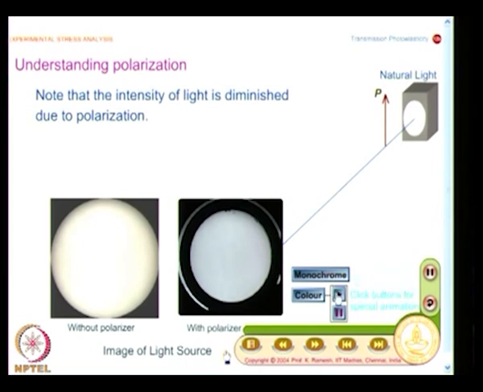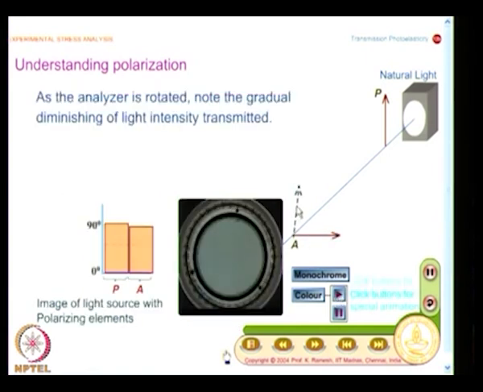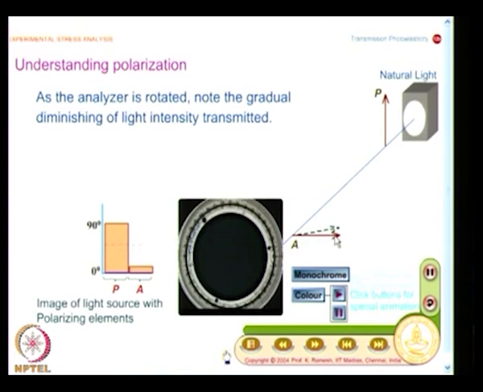And when I rotate this element, you find progressively the intensity diminishes, and when this axis becomes horizontal, that is perpendicular to the polarizing axis, whatever the light that comes out of the polarizer is completely cut off by the analyzer.